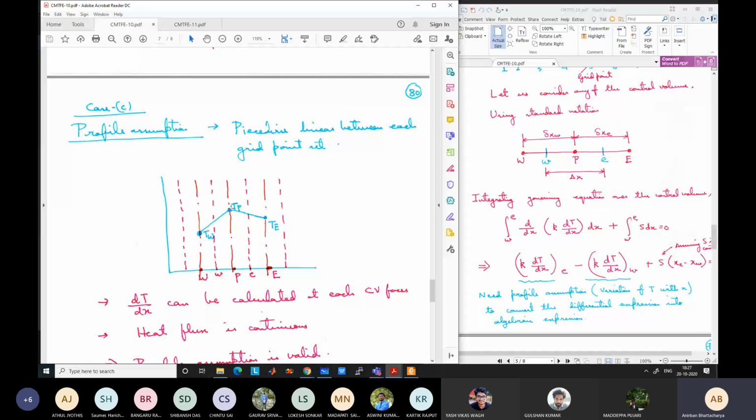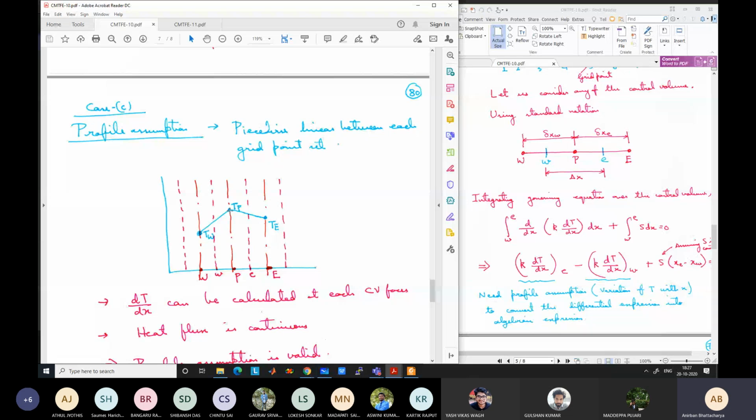So for example, the control volume is between small w and small e, but the temperature is varying linearly from the grid point P, means the center part of the control volume, to the center part of the next control volume in a linear. Similarly, the temperature is varying from the central part of this control volume to the center part of the previous control volume in a linear fashion. So it is piecewise linear between each grid point set.